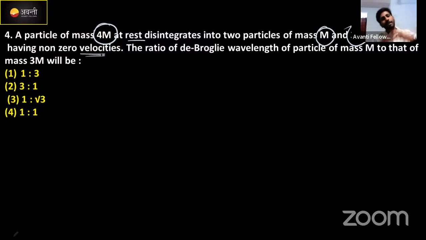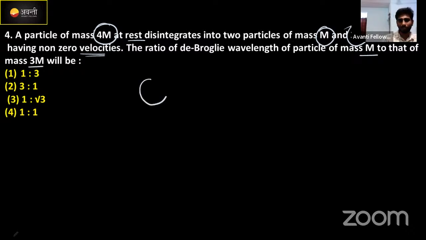Non-zero velocities means they are moving with some velocities. It is disintegrating. Understood? Then the ratio of de Broglie wavelength of a particle, we need to find out the de Broglie wavelength of a particle for these two masses, m to that of 3m, will be?